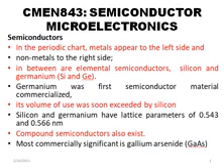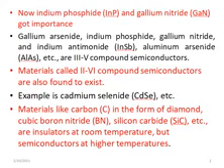Apart from these elemental semiconductors of group 4, we also have compound semiconductors, and the most commercially used is gallium arsenide. It is a compound containing gallium and arsenic, and if you combine the two, it gives you gallium arsenide. Apart from gallium arsenide, we have other compound semiconductors like indium phosphide and gallium nitride.